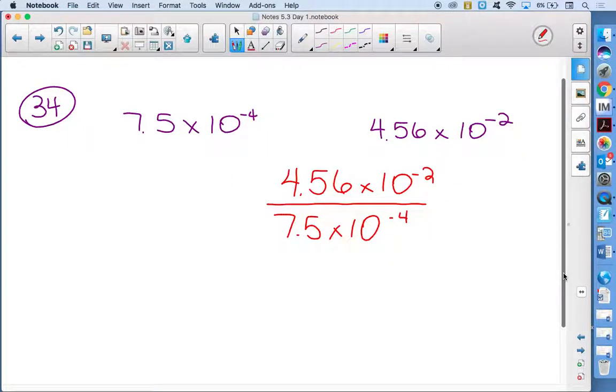When you're dividing, we're going to group the numbers together and actually divide them. And then the exponent values, we're going to group those together as well. So Sarah, if we just look at the exponents first, what do you do with those exponents?